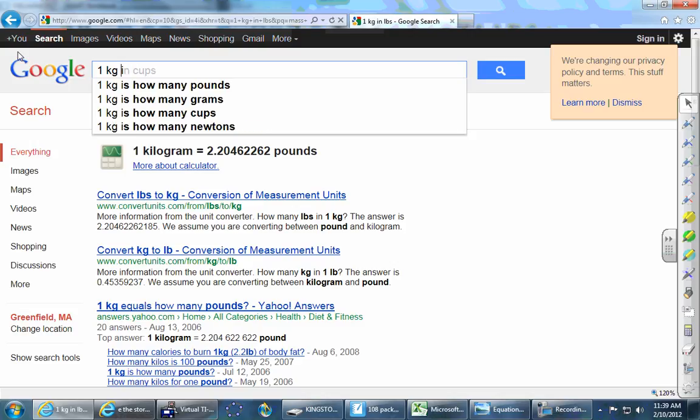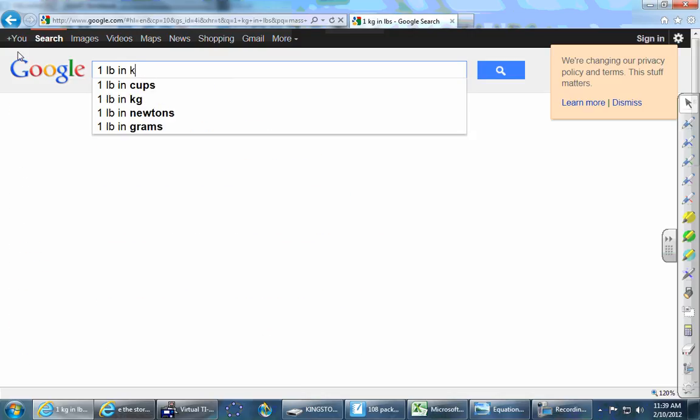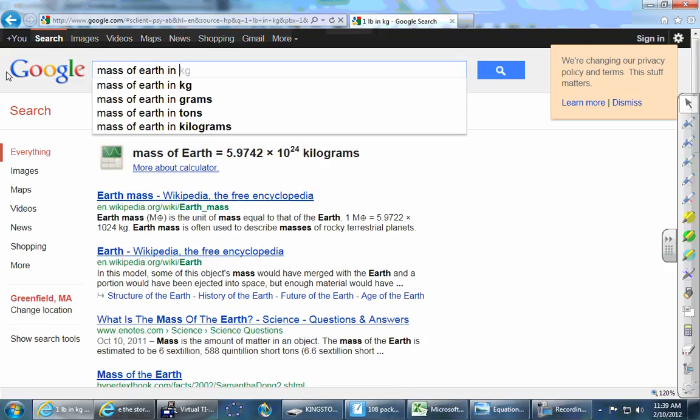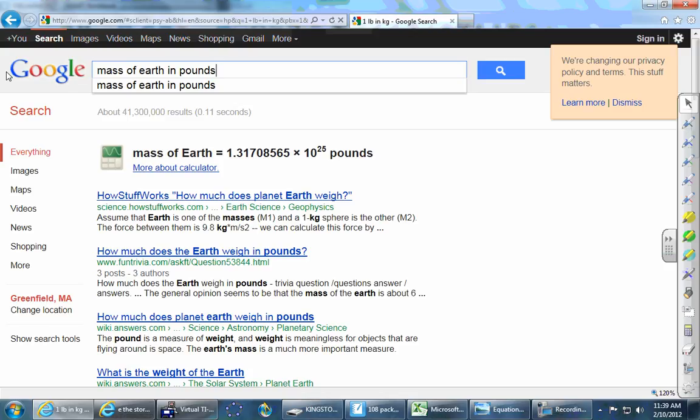Okay, so we want the other one: 1 pound in kilograms. Why don't you just look up the mass of the Earth in pounds? Or you could just state its weight. You just got to divide it by 2.